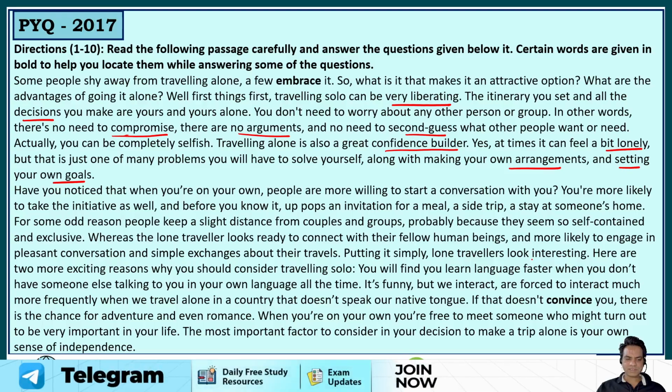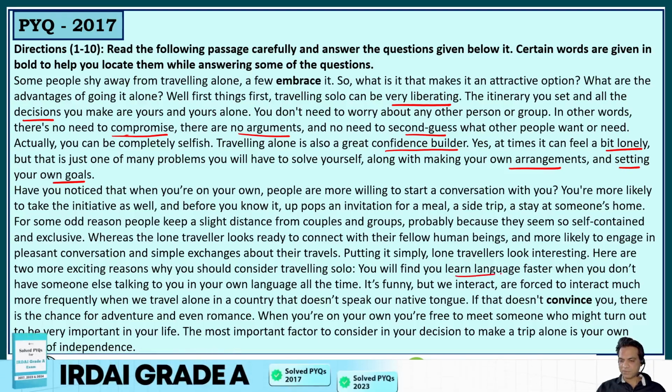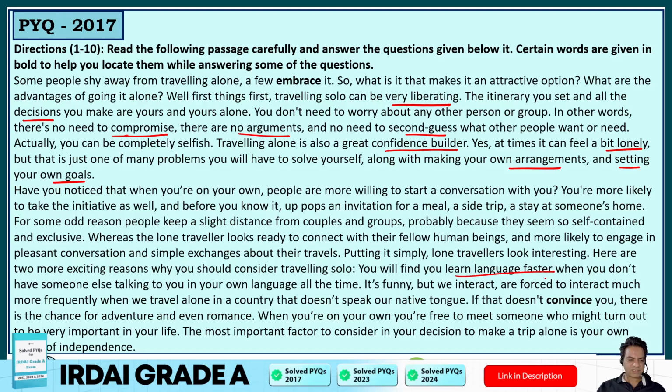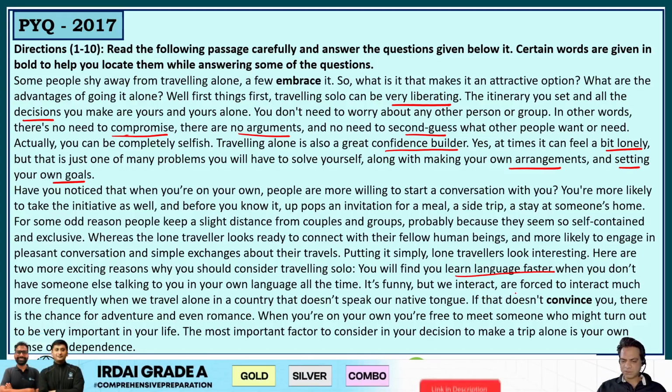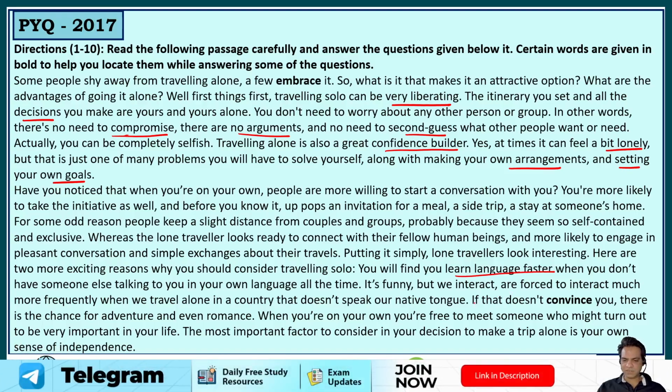Here are two more exciting reasons why you should consider traveling solo. You will find you learn language faster when you don't have someone else talking to you in your own language all the time. It's funny, but we are forced to interact much more frequently when we travel alone in a country that doesn't speak our native tongue.